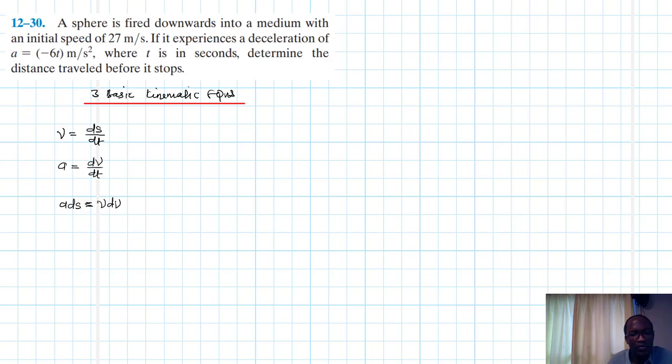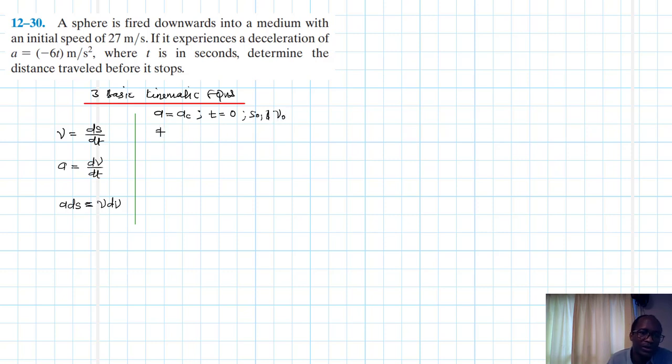From these three equations, we are able to derive three more equations. These are derived when the acceleration is constant and t is the initial boundary condition, t equal to 0, where we have s naught and v naught.